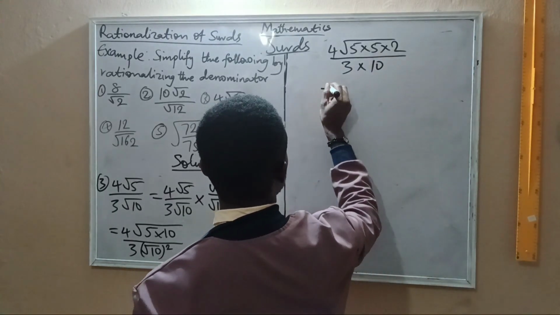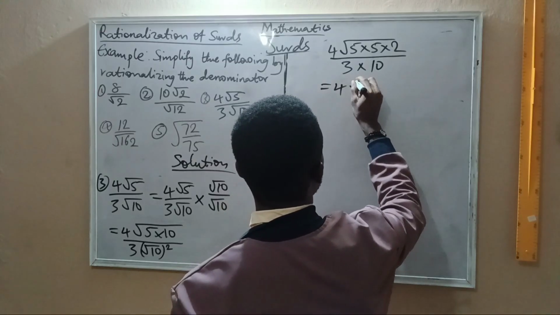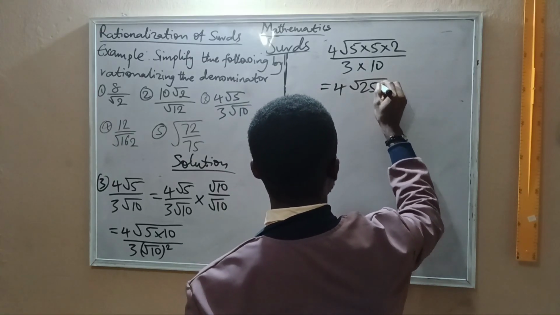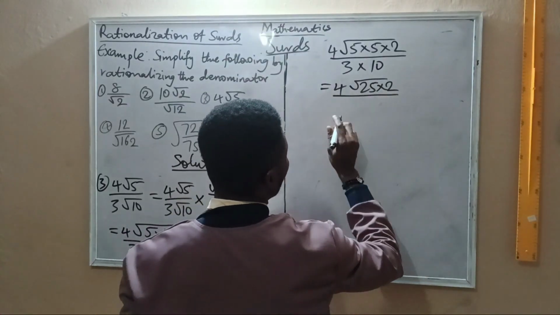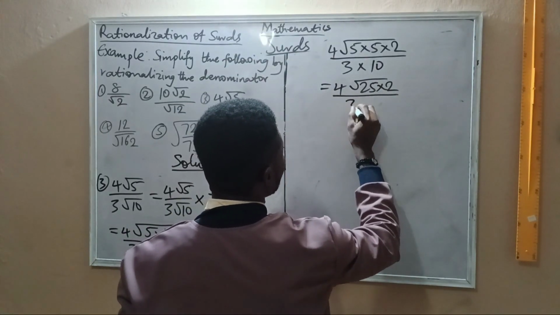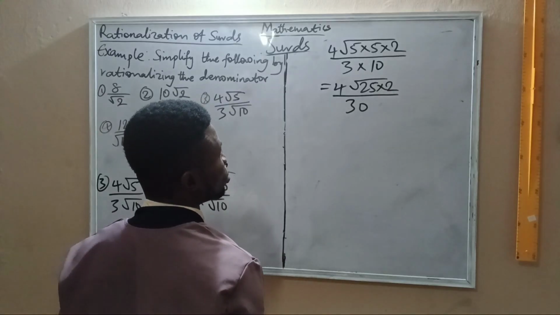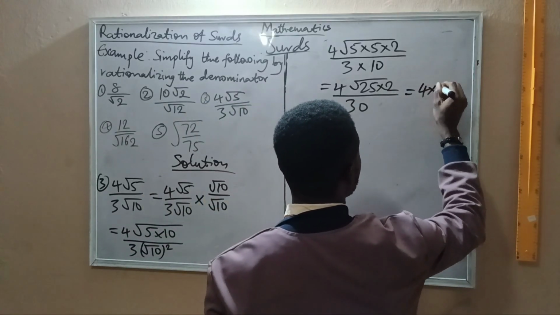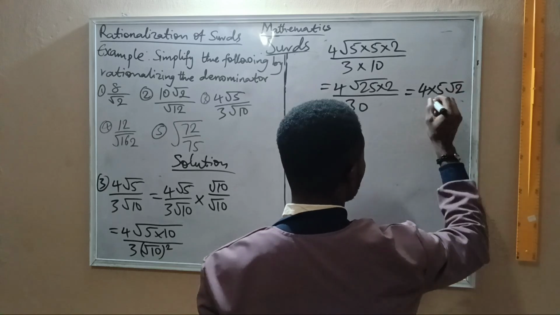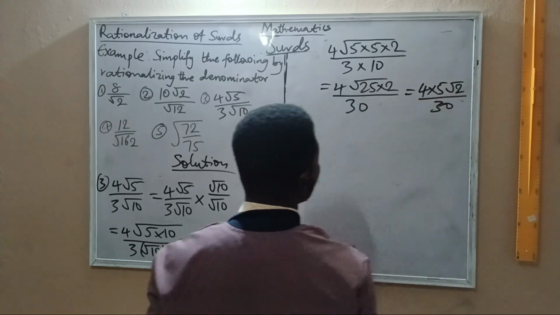So that is equal to 4 sod 25 times 2 all over 30. And that is equal to 4 times 5 sod 2 all over 30.